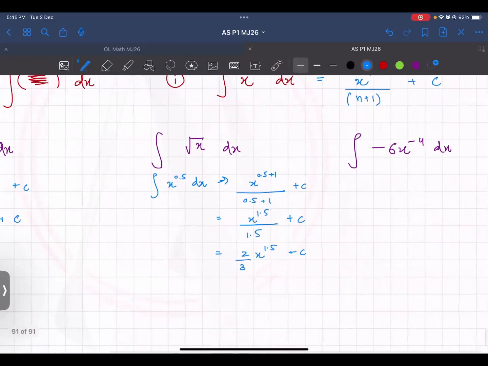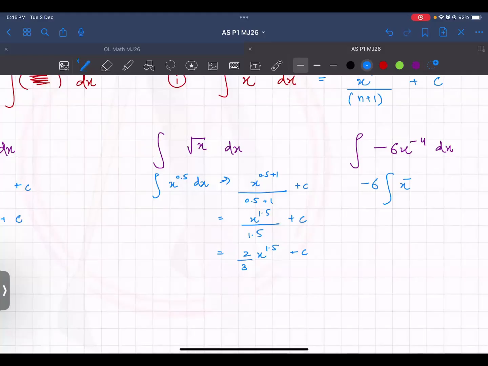Then the last one, minus 6. Just like in differentiation, the coefficient was just there. You just multiply the power if it comes down and divide. Over here as well, this minus 6, you can even bring this out. You can write this coefficient outside the integral, minus 6 x power minus 4 dx.